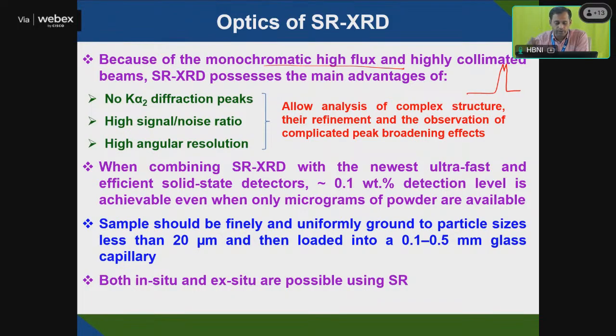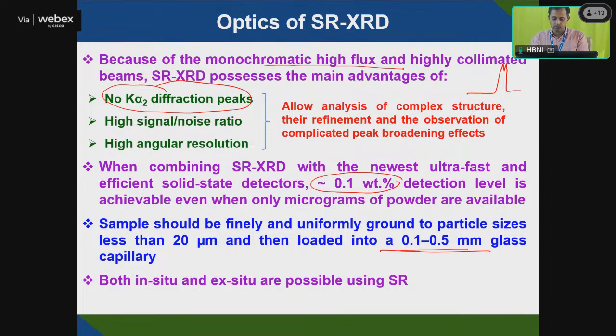Here there is no K alpha splitting in synchrotron radiation, being highly monochromatic. The signal to noise ratio is very, very high, and you also get better angular resolution. As I told, you can reach a detection limit of up to 0.1 weight percent, and the sample can be in a 0.1 to 0.5 glass capillary.